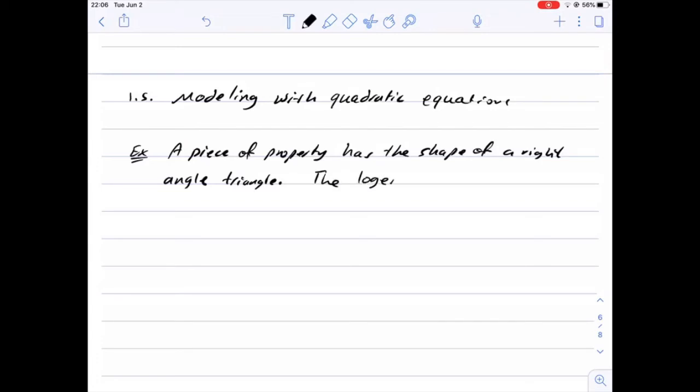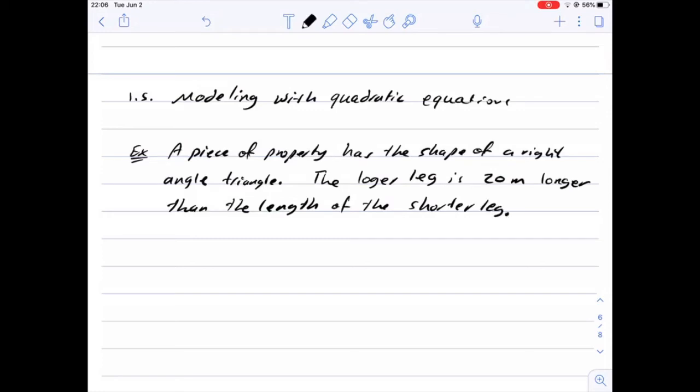The longer leg is 20 meters longer than the length of the shorter leg.